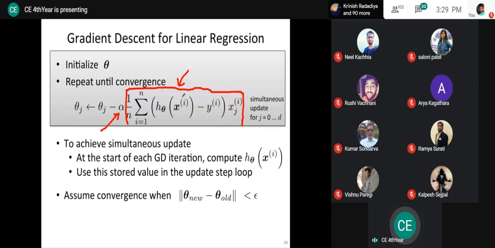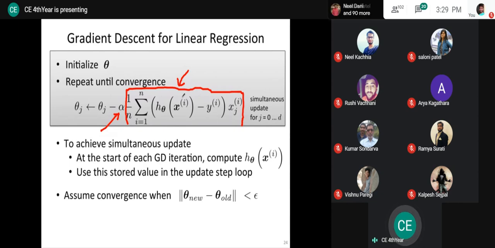But if I keep alpha a very small value, I am taking very tiny steps towards convergence. In contrast, if I set alpha to a very large value, my step size is larger. So the gradient decides the direction, while alpha decides the step in that particular direction.